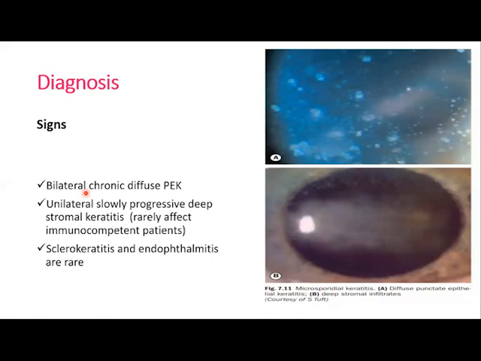If there is associated uveitis, you can add IOP lowering agents, something like Diamox, or topical dorzolamide. Anyway, painkiller is there, vitamin C is there. If there is hypopyon and thinning of the ulcer, then only give these anti-glaucoma drugs.